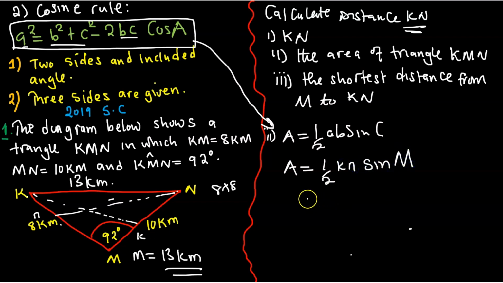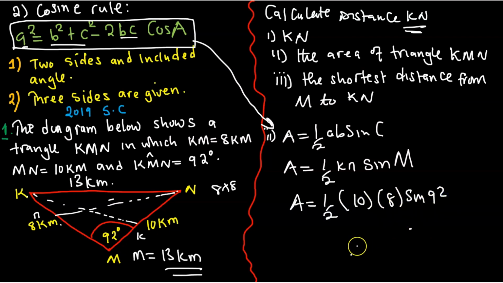Sine M. So area is equals to half. What is our K? Our K is 10. What is our N? Our N is 8. Okay, and sine 92.